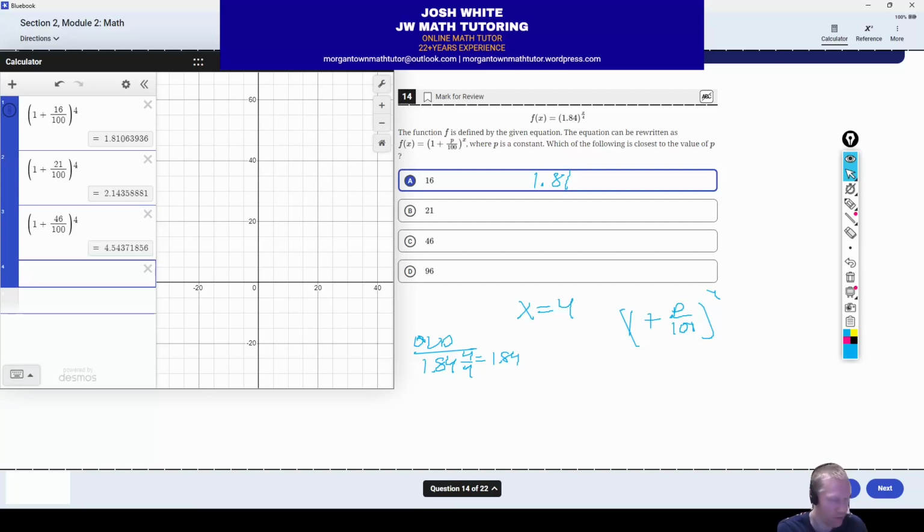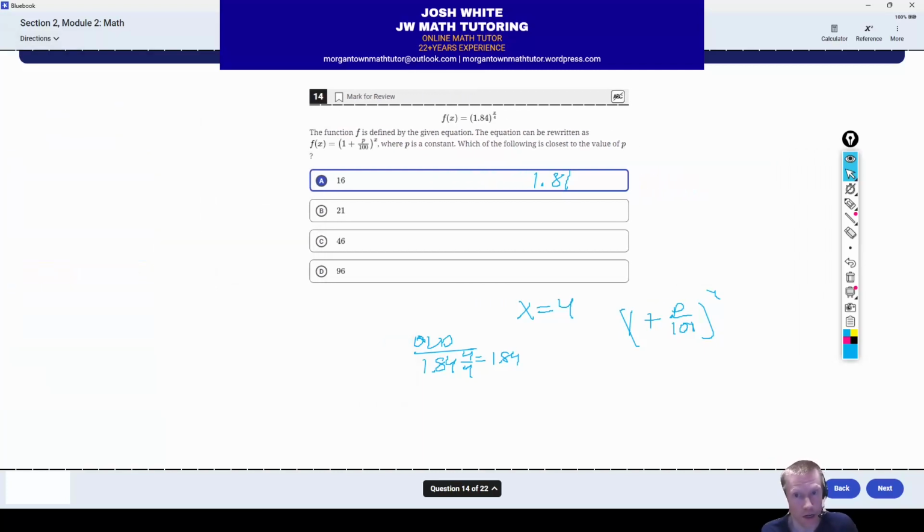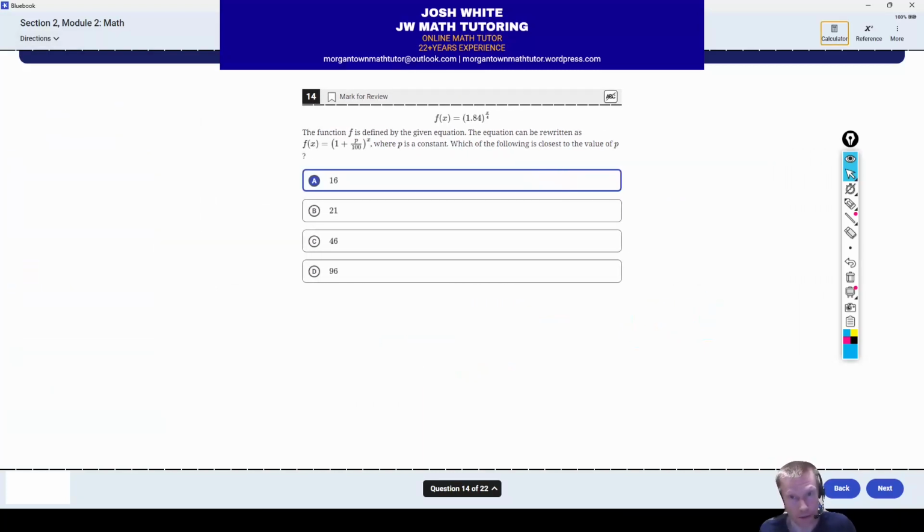Okay, getting further away. And lastly, D. Obviously we know by this point this is not going to be the correct answer, but just to prove it to you. 14.757. So which of these is closest to the value I got evaluating the original function? Well, it's obviously A. 1.81 is closest to 1.84 compared to my other three choices. So that's just an alternate method you could use, basically using the strategy of picking numbers.